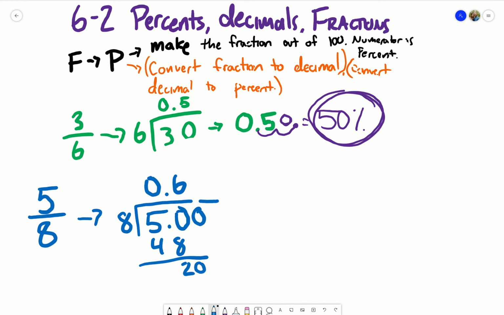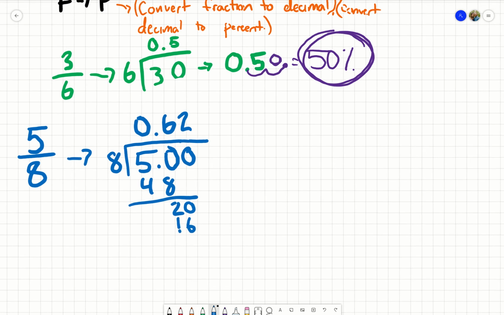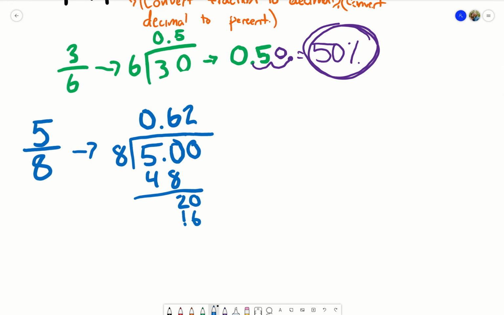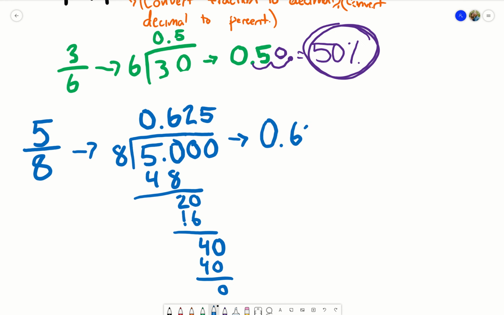Add a 0, bring it down. 8 goes into 20 2 times. This gives me a 16. This gives me a 4. Add a 0, bring it down. 8 goes into 40 5 times. And that's 40, and we're done. So 5/8 turns into 5 divided by 8, turns into 0.625.